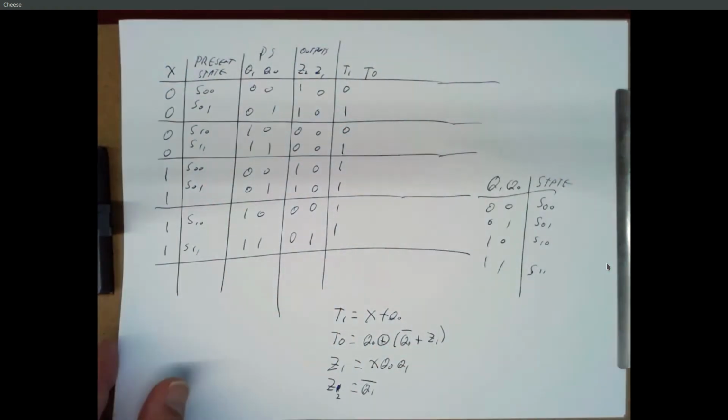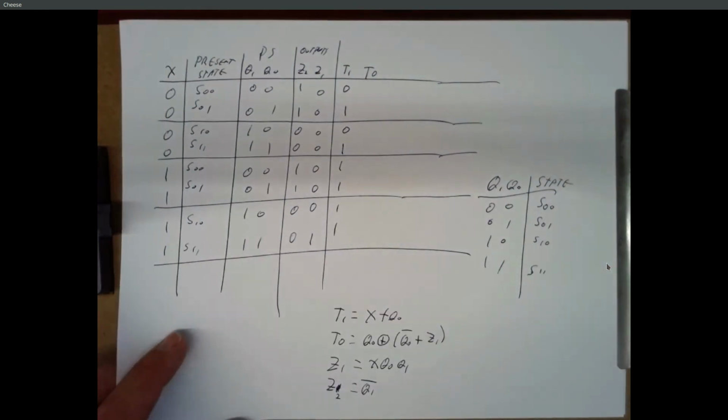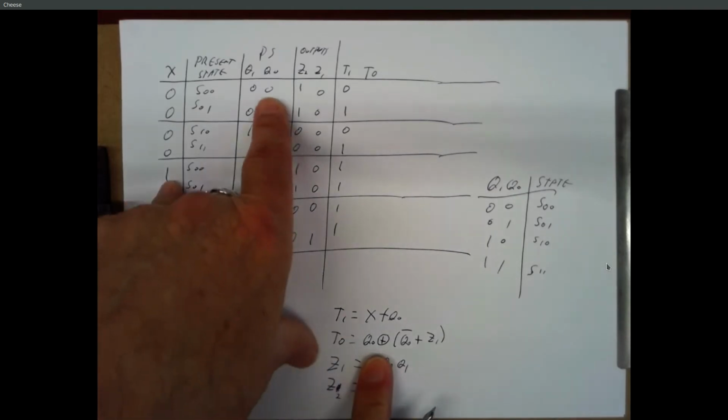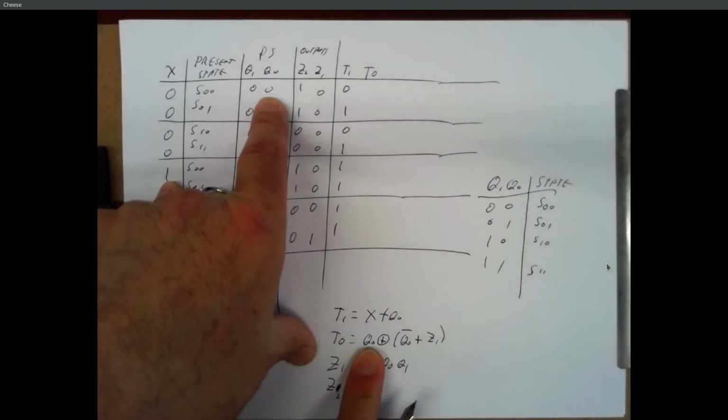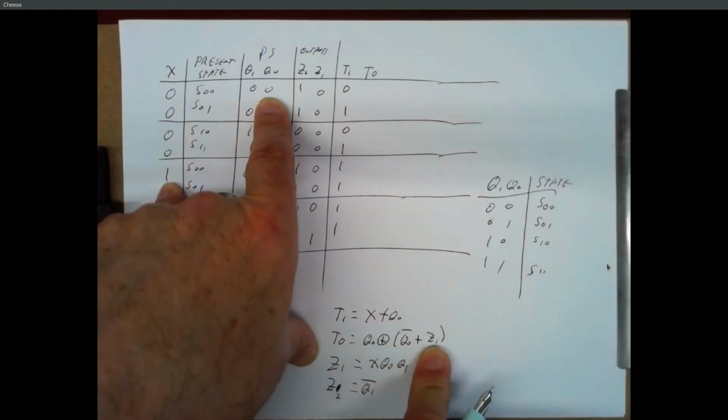And then T0. Well, you can do this by hand, but I'd actually like to simplify this a little. I can start off with Q0 is a 0. If Q0 is a 0, Q0 bar is a 1, and 1 ORed with anything is going to be a 1.